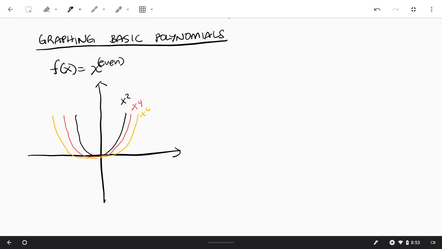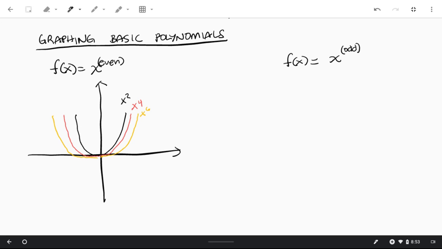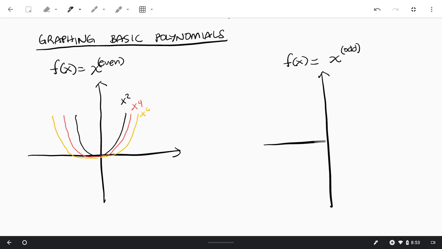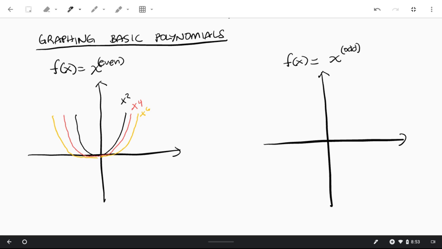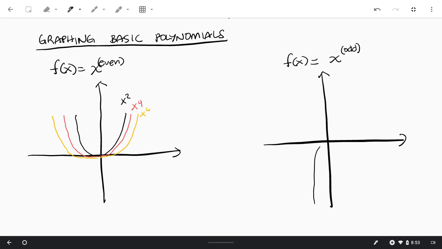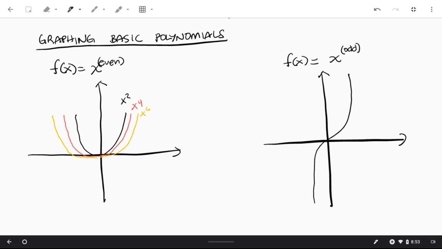If we have f of x equals x to an odd exponent, like x to the third or x to the fifth, x to the seventh power, and nothing added, nothing multiplied, nothing subtracted, all you have is just that x with an odd number exponent, then you will have the graph of x cubed, which we know looks like this. So this is the graph of x cubed.